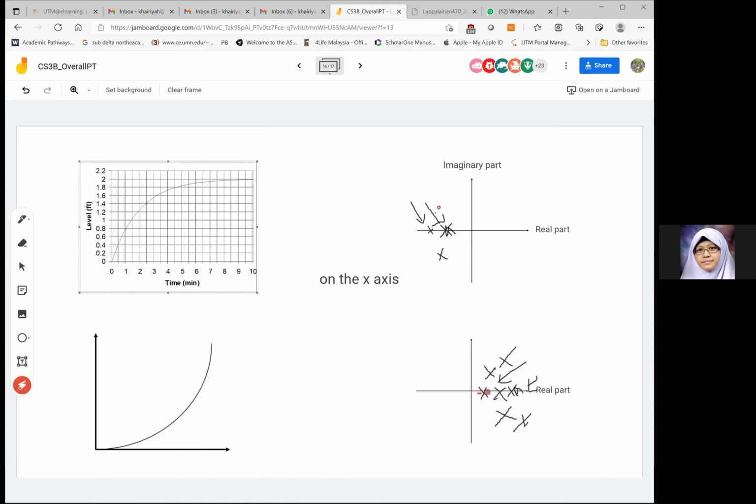So it is positive, but since there's no oscillation, it has to be on the axis. There's no imaginary part. So you know that it's unstable, so the real part is positive, but you can see whether the pole has an imaginary number or not based on whether it has an oscillation or not. Okay, do you get it?